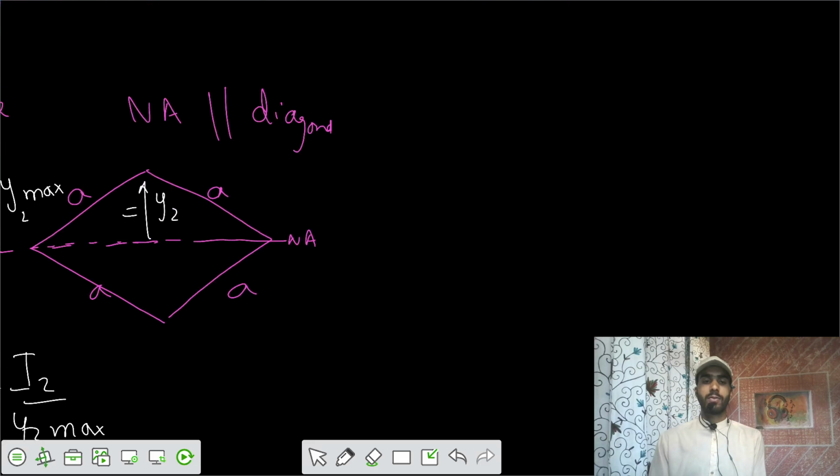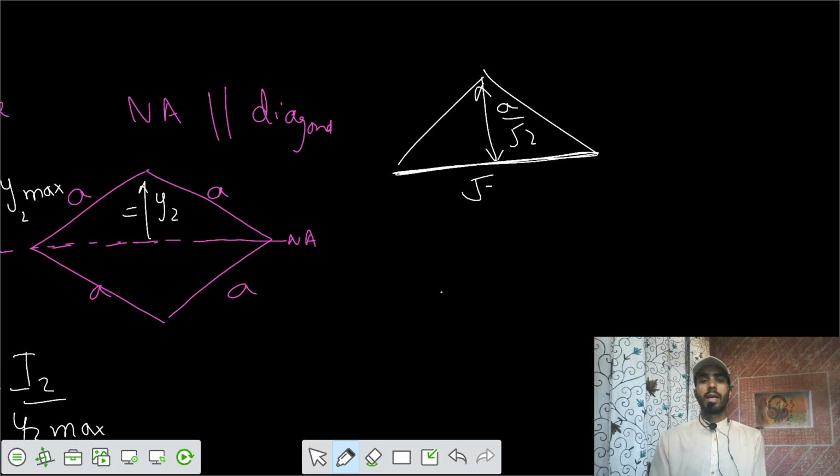And for this one, if you use the parallel axis theorem, you have a triangle of depth a by root 2 and a width of root 2a. Is it root 2a? This one is a by root 2, plus a by root 2. That is 2 times a by root 2, that is root 2a.